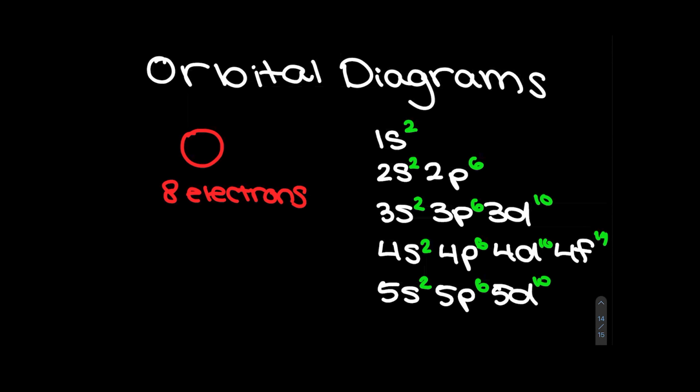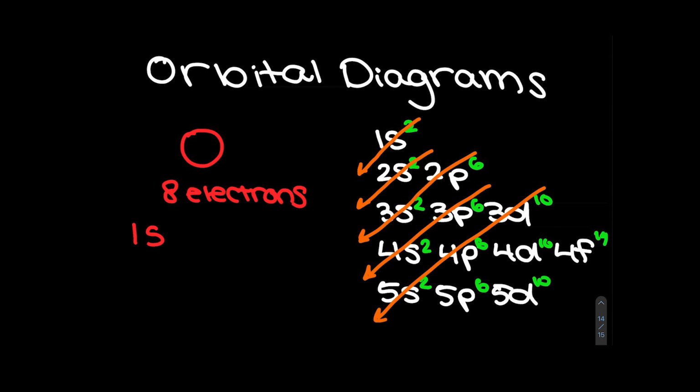So what we want to do is fill going down like this in the order the arrows hit the subshells. So you don't need to memorize it, you just need to memorize how to write this down. So using this information, we know there'd be 1s2, so that's 2 electrons down.